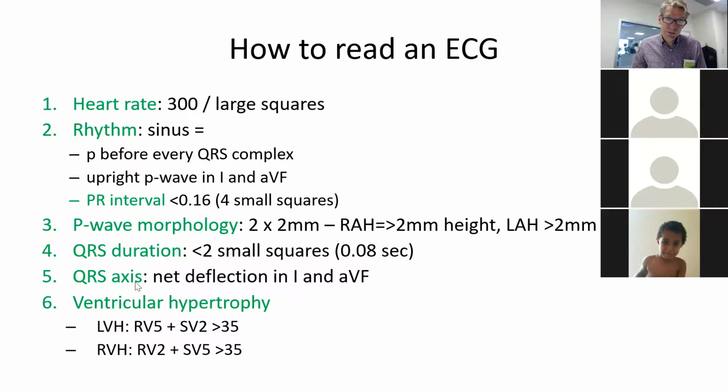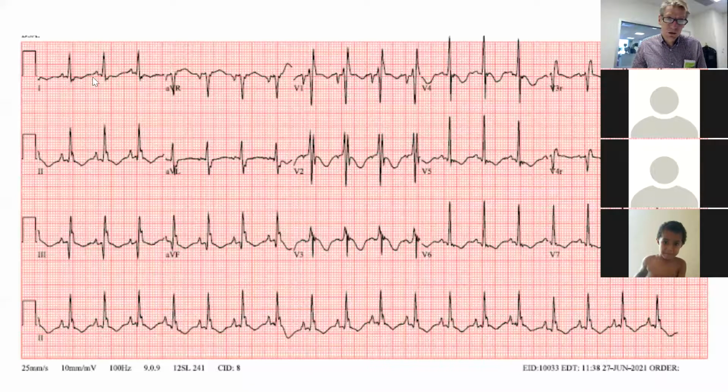And his QRS axis, we didn't do his QRS axis, but what is the net deflection in lead 1? What's the net deflection? Positive. It's positive, and it's probably positive about 10. And in AVF, it's also positive, probably about 10 or 11. Yeah, a little bit more.